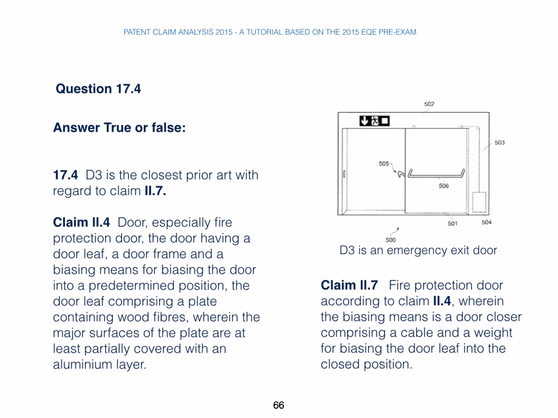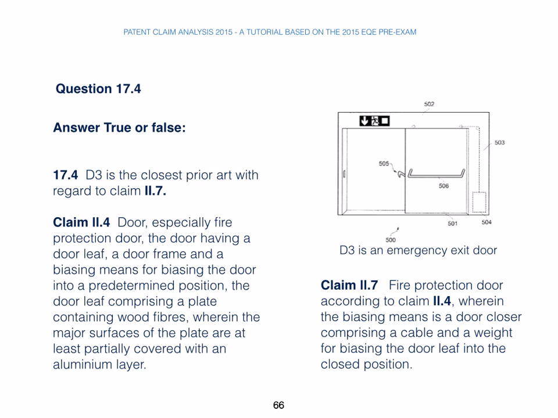Claim 2.4 is door, especially fire protection door, the door having a door leaf, a door frame, and a biasing means for biasing the door into a predetermined position. The door leaf comprising a plate containing wood fibers, wherein the major surfaces of the plate are at least partially covered with an aluminium layer.